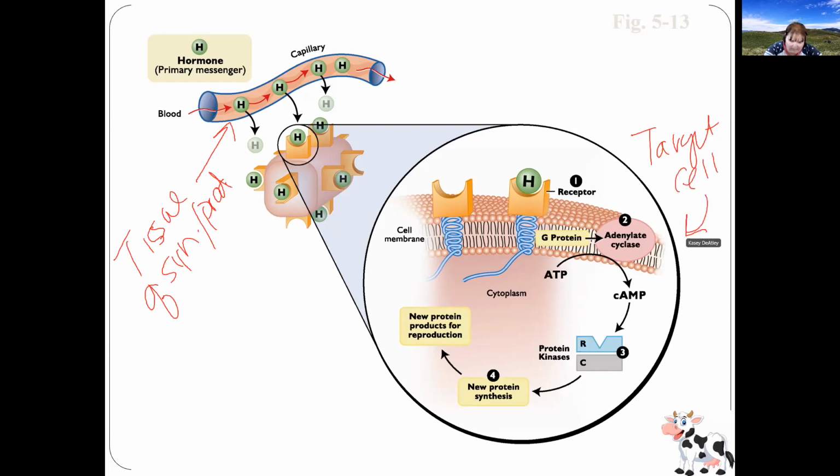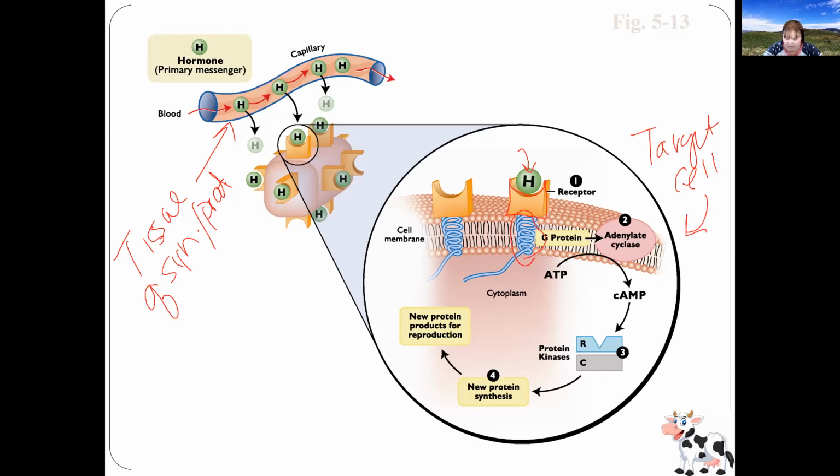That hormone is going to bind to a very specific receptor. And so that binding action will then change the configuration of this G protein. So it actually physically changes it, and that change activates the rest of this cycle.